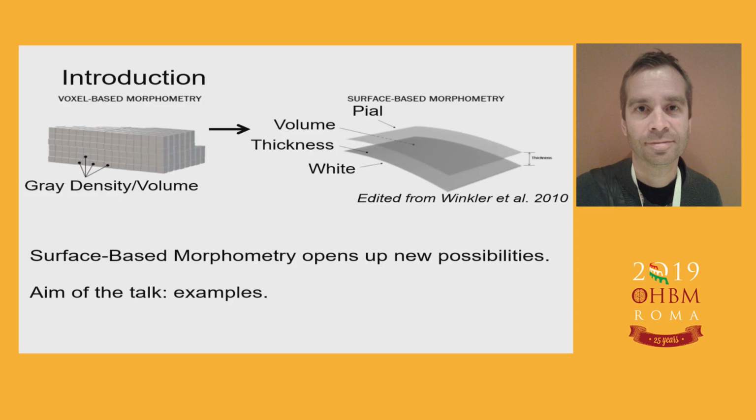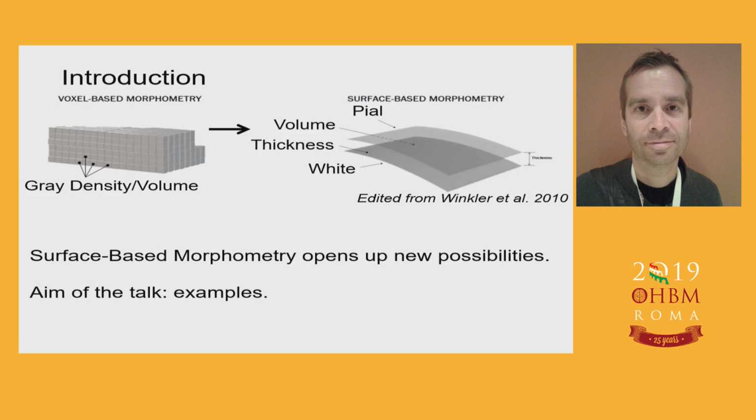Now, with the advent of surface-based morphometry, we were able to obtain more refined measurements of the cortex, such as cortical thickness and surface area. These methods have also been used a lot in clinical designs, again, case control comparisons and so forth.